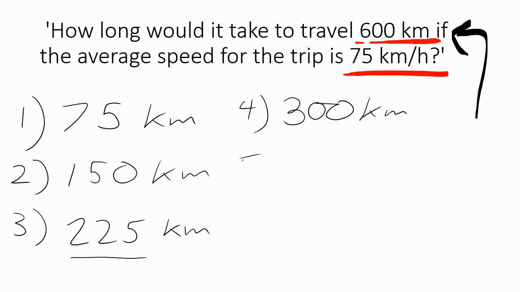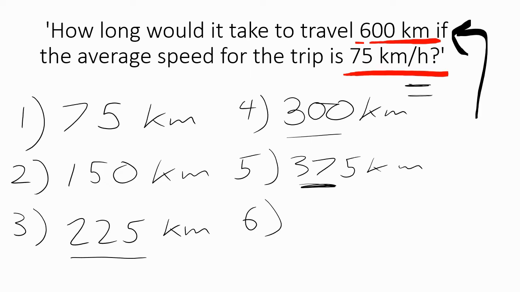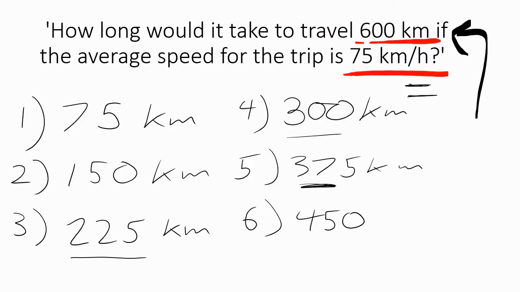What about our fifth hour? Well, 300 plus 75 kilometers equals 375 kilometers. Our sixth hour, 375 kilometers plus 75 kilometers, because we travel that much every hour, equals 450 kilometers. We're running out of room now, Mr. Burns. What about our seventh hour?